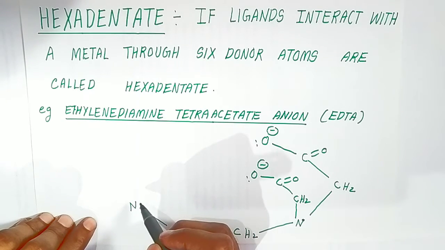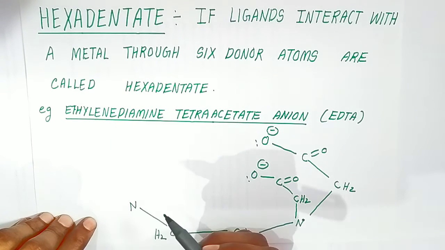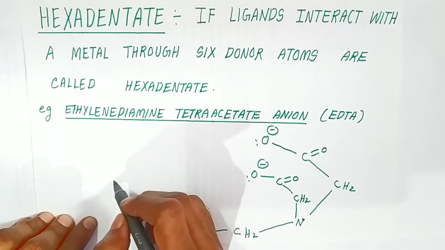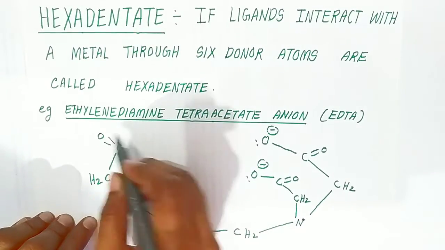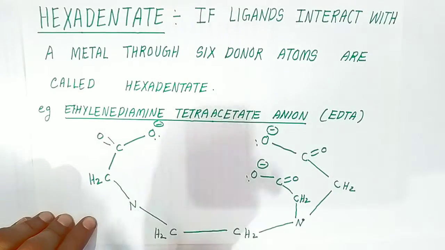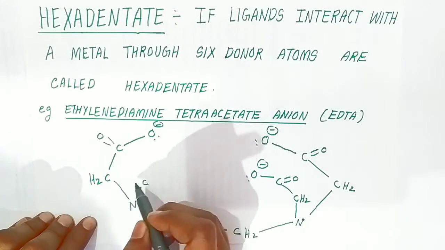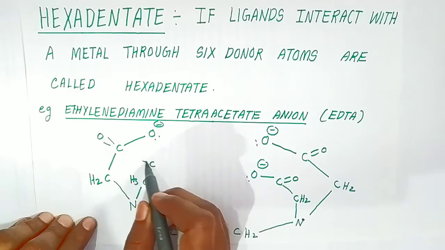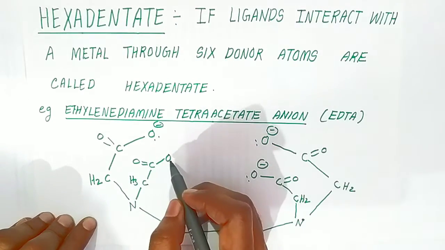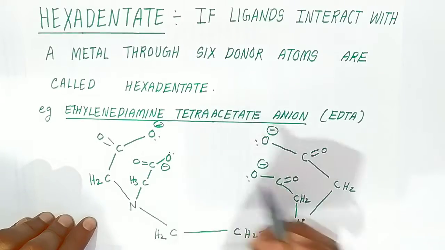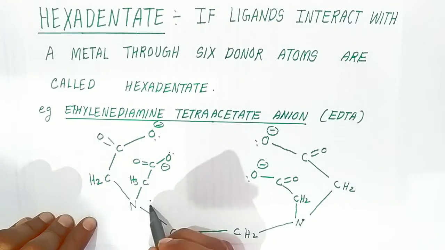Now this is also having 2. So students, how are you going to make it? Now this will connect to 1 acetate CH2, CO, and oxygen, which has a negative charge and a lone pair. Now second, again CH2, CO, and oxygen, which has a negative charge. Okay students, now this nitrogen also has a lone pair.